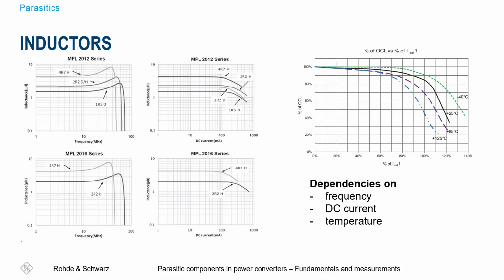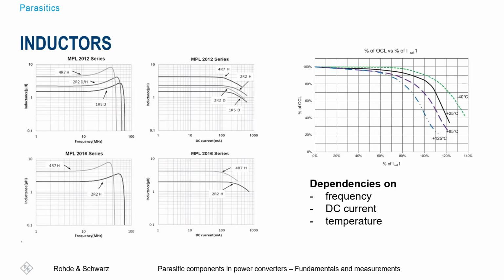The ones in the charts above, you can see clearly that the inductance value decreases with frequency and also decreases with DC current. For another series of inductors in the graphs below, we can see the same behavior, of course with different inductance values, but the behavior is overall the same.